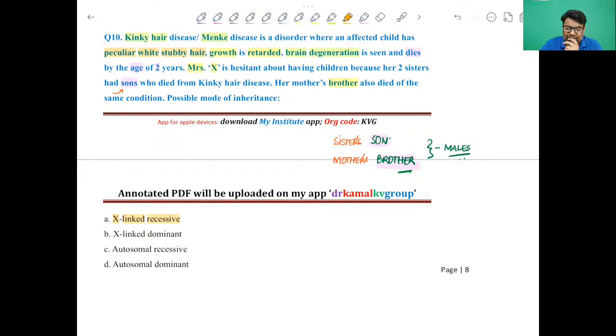This is X-linked recessive. So for X-linked recessive, you need to remember just two terms. Number one, boys, or you can say males, affected. Clear? Boys or males affected.